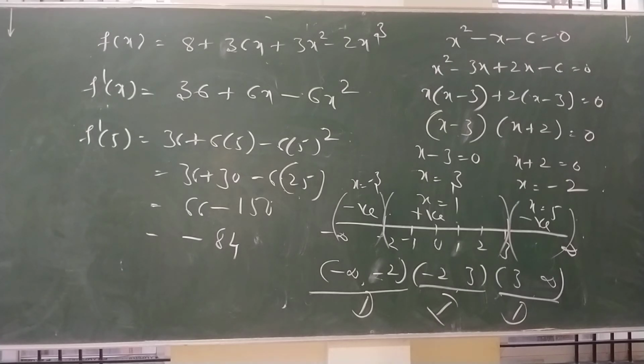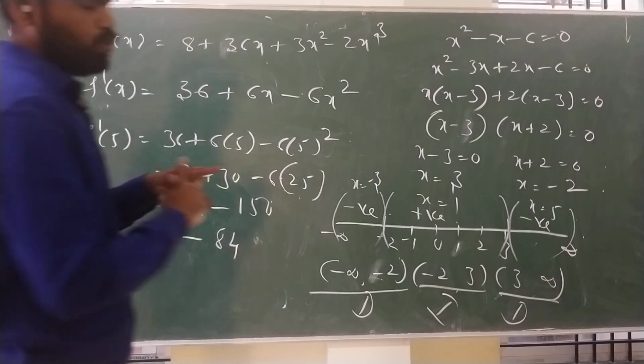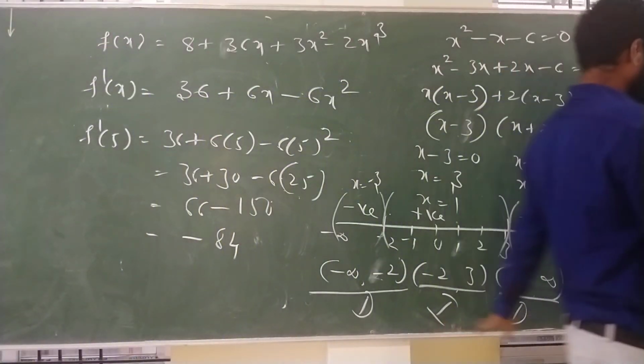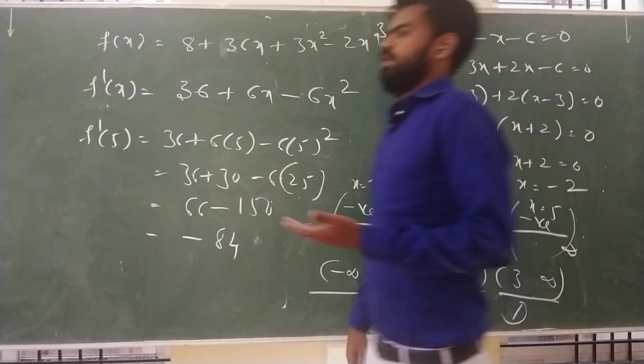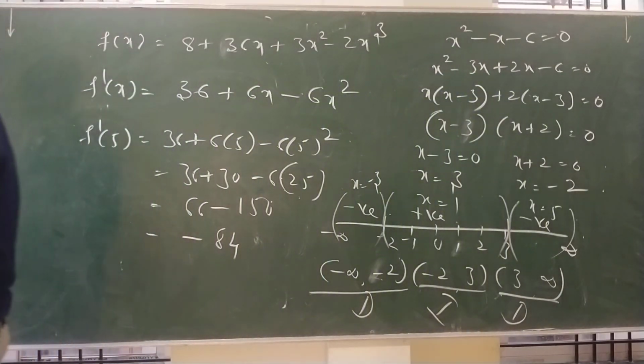Then the strictly increasing and strictly decreasing. So the intervals minus infinity comma minus 2 and 3 to infinity are strictly decreasing functions, and minus 2 to 3 is the only strictly increasing interval. So these are the problems on strictly increasing and strictly decreasing.